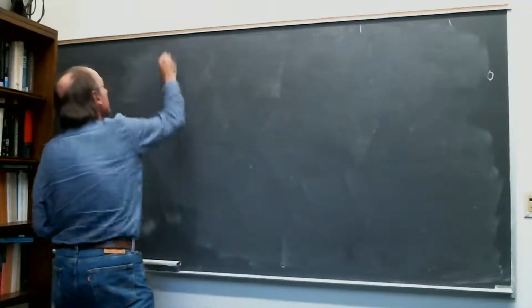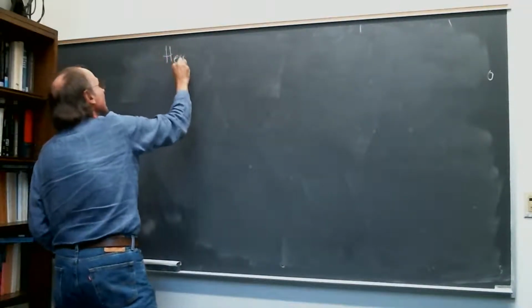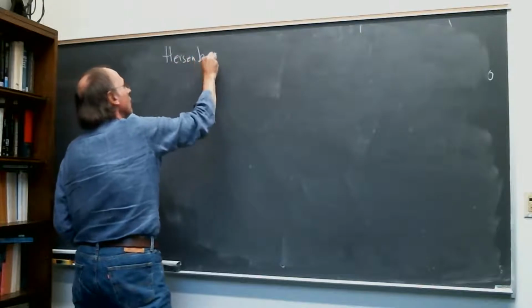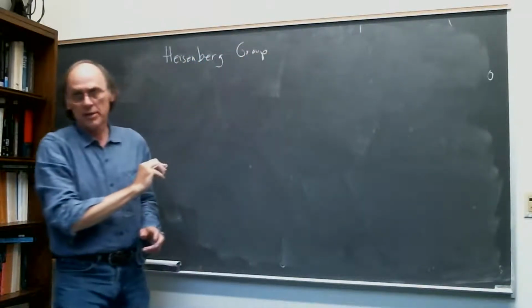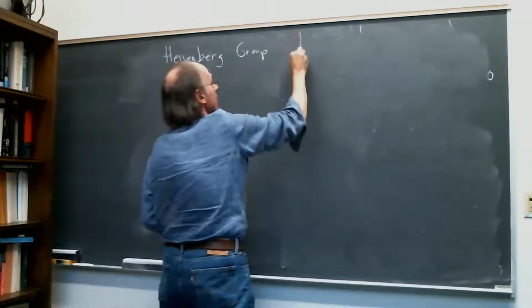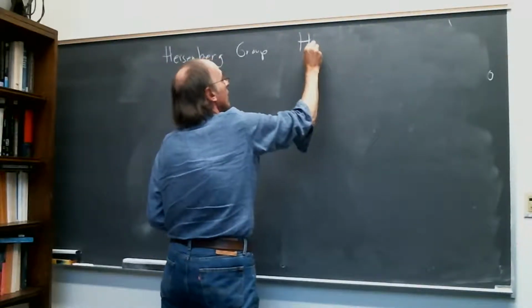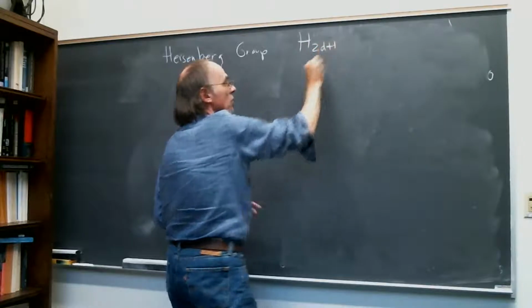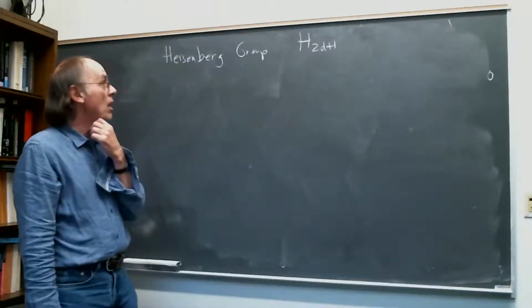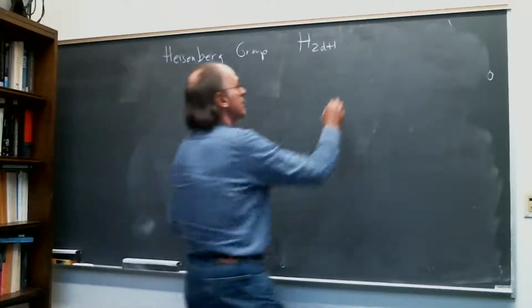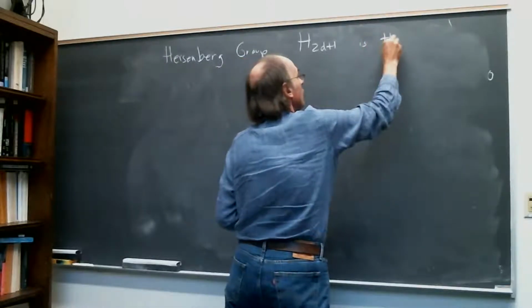We'll take the Heisenberg group, and I'll write it as H with subscript 2d plus 1. It is the corresponding group.